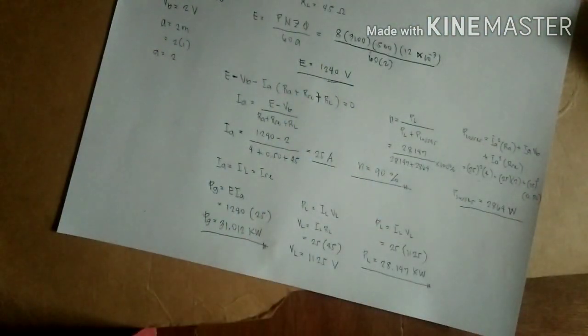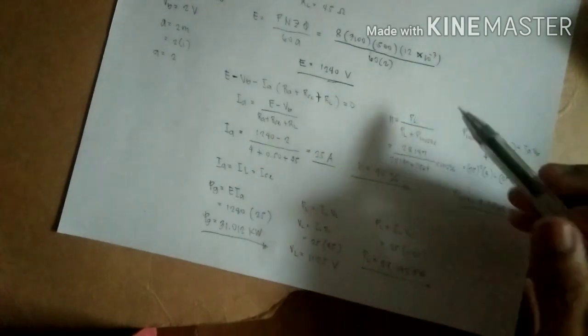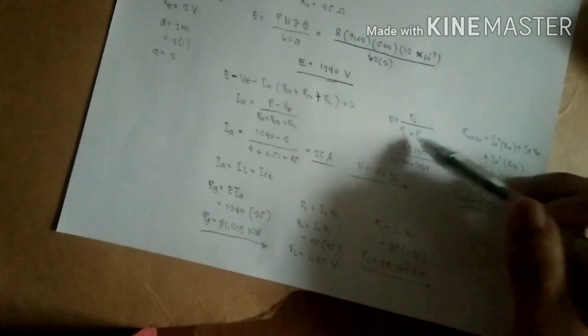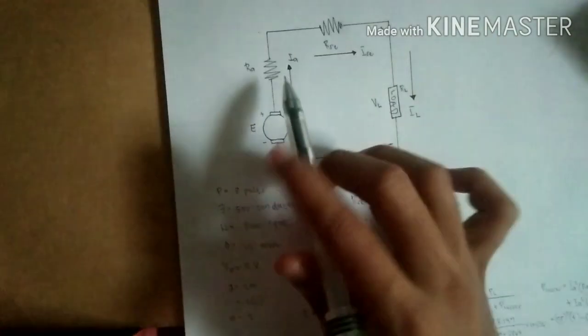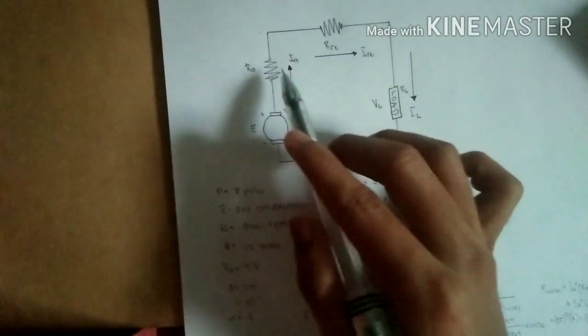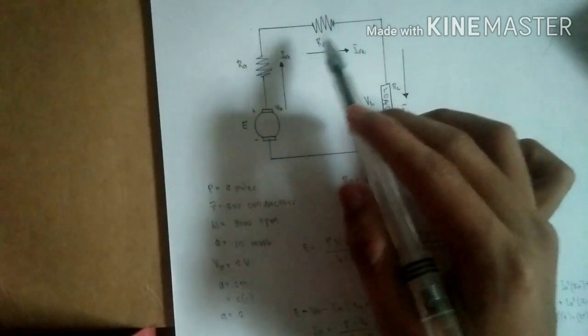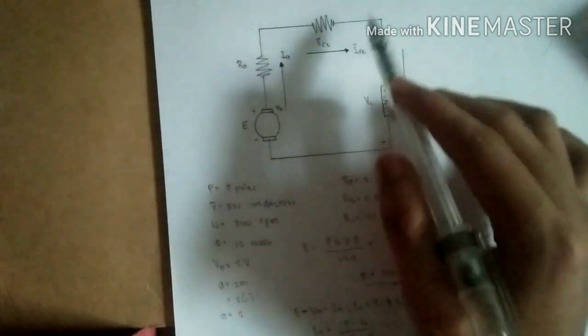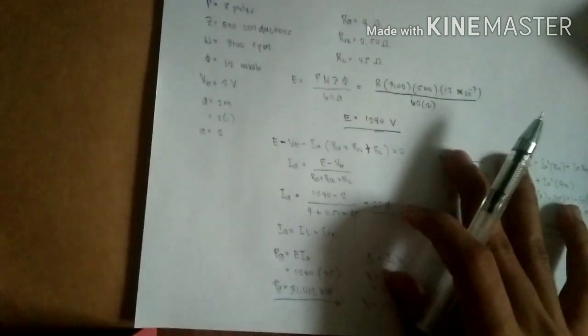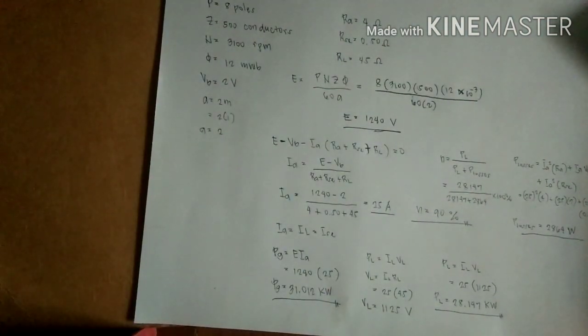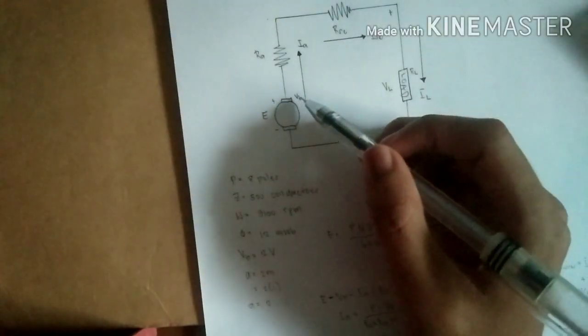The formula for getting the efficiency is equal to PL, or the power delivered, over power delivered plus power losses. We all know that in this part there are power losses here, as well as in the field resistance, as well as here in the brush drop.